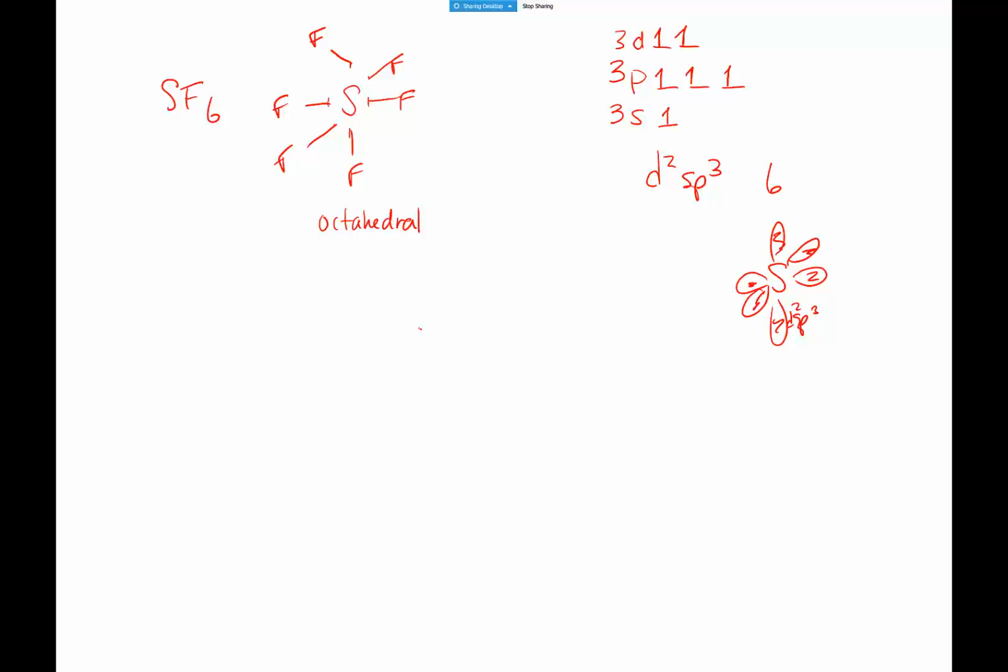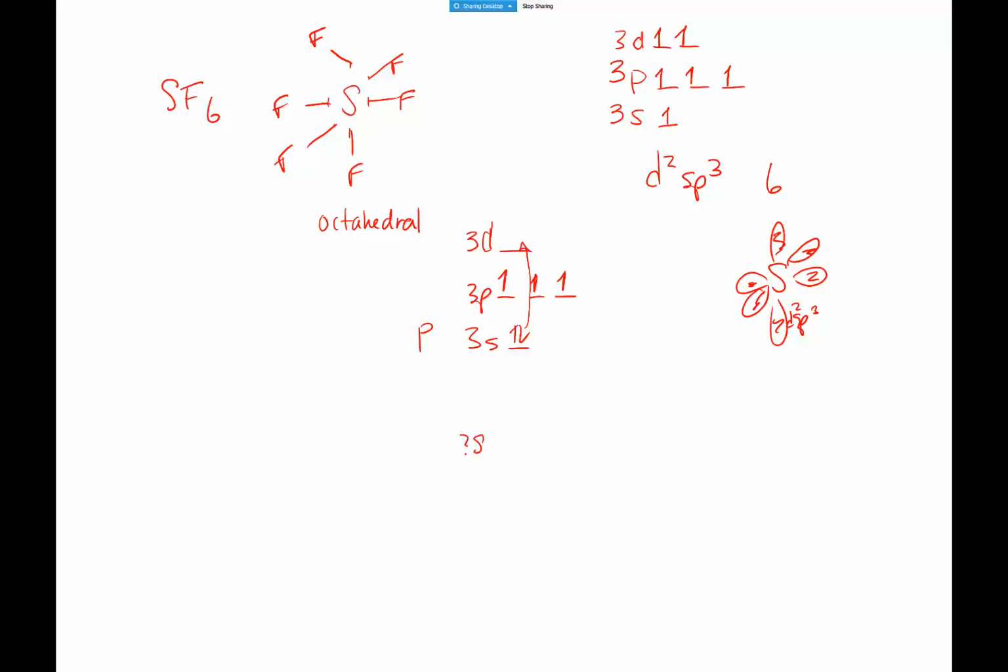If I was to look at the phosphorus, it is 3s 3p3, so it's 3s and then 3p3, and so then if I look at the 3d, the best I can do for phosphorus is to move this electron up here.